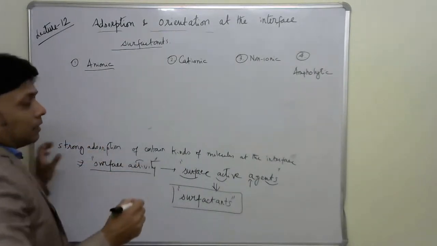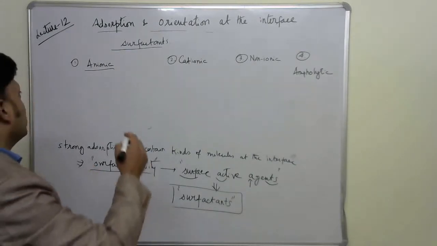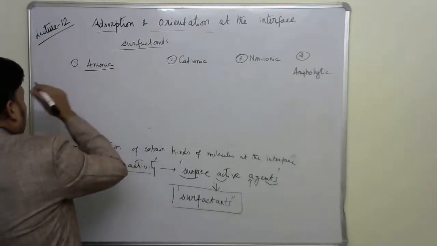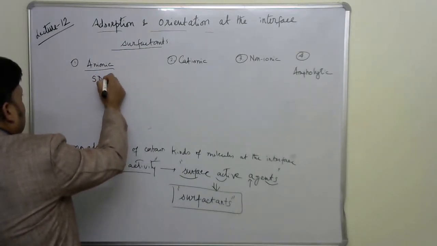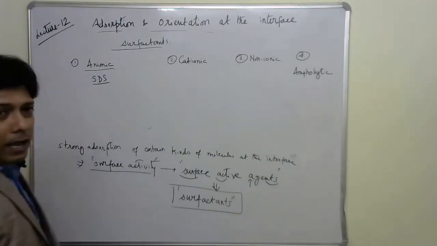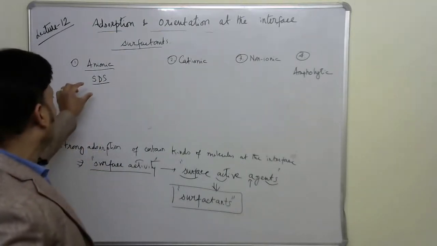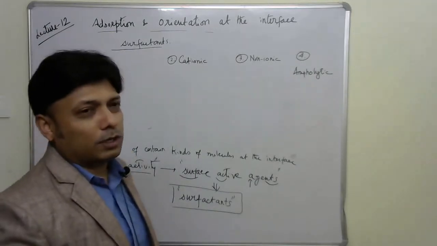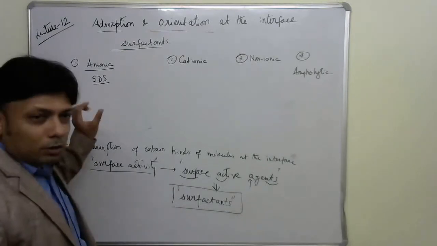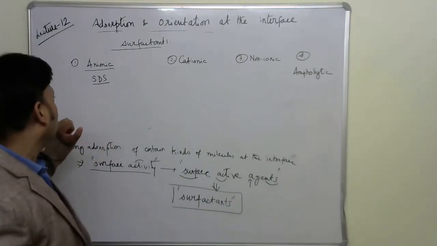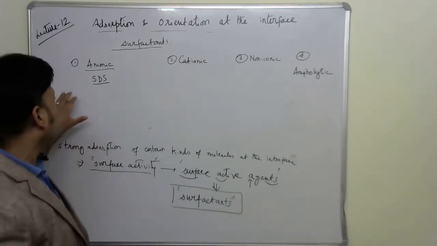Anionic means the polar head group is anionic. An example of this is, in short, SDS, also known as sodium dodecyl sulfate. Dodecyl means 12, so it has a 12 carbon long chain, then a sulfate group, SO4 minus, and then Na plus.